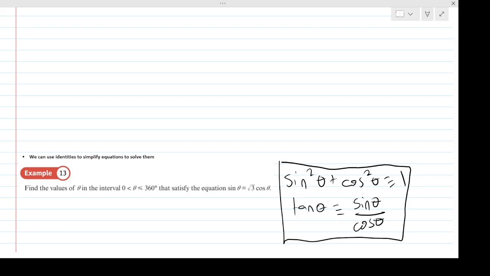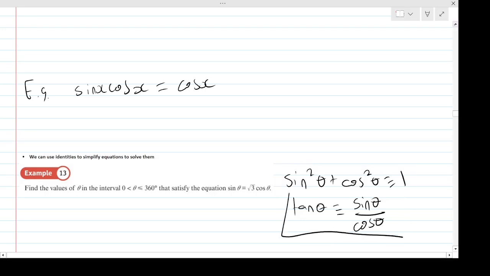For example, if we had the equation sine x cos x equals, let's say, cos x, now, some people would be inclined to say, well, actually, we can use this tan identity here. If we then divided both sides by cos x, I get the simpler equation.